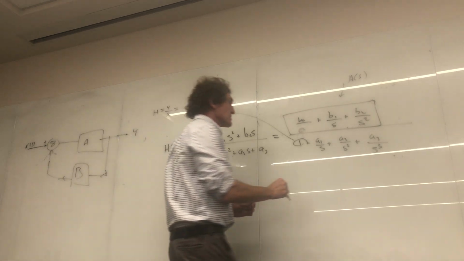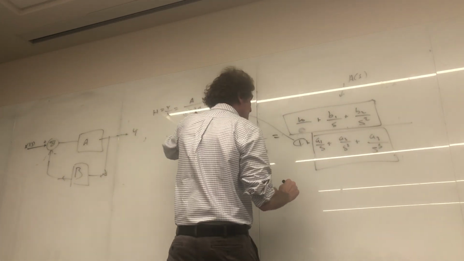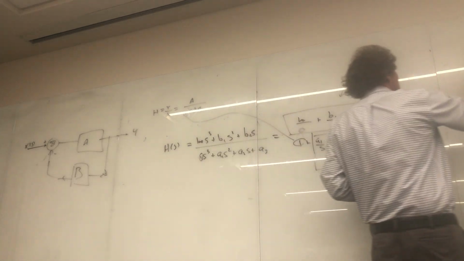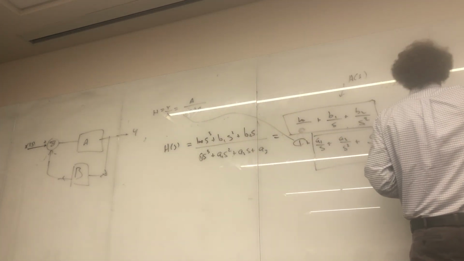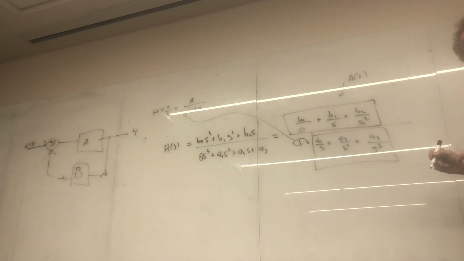That means this right there is equal to AB. So AB is equal to A1 over S plus A2 over S squared plus A3 over S cubed. You follow me on this, class?